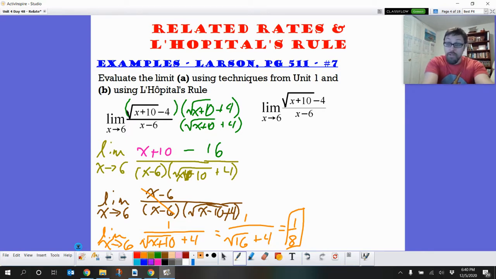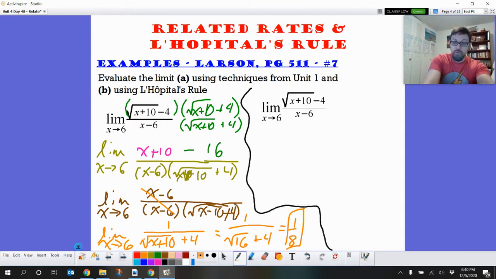Well, enter L'Hopital's rule. Instead of all that garbage, you can use L'Hopital's rule to help you out. To do that, you take the derivative of the denominator. The derivative of that denominator is just 1. And then you take the derivative of the numerator, and we're going to find that at 6.